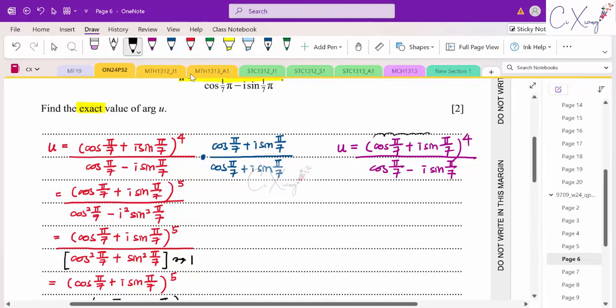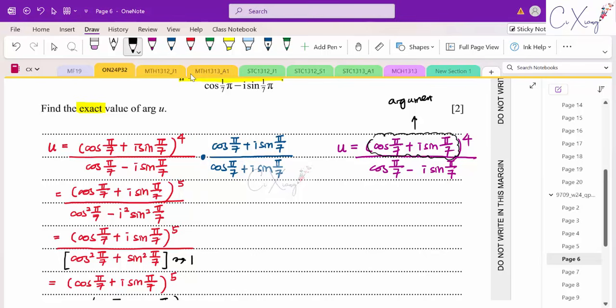Like what I told you just now when we were solving the question earlier, without the power 4, I know that for this particular complex number the argument is pi over 7. If I put a power 4, that means the argument will be pi over 7 times 4, like what we did for the power 5 one. So the argument on top will be pi over 7 multiplied with 4.